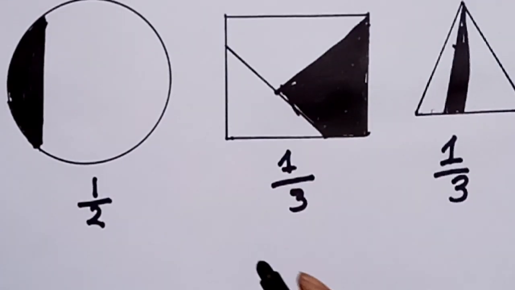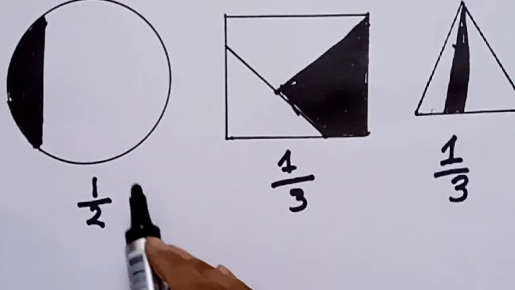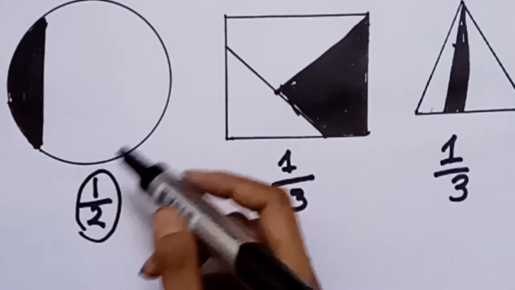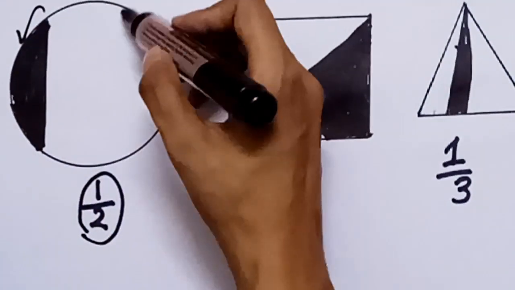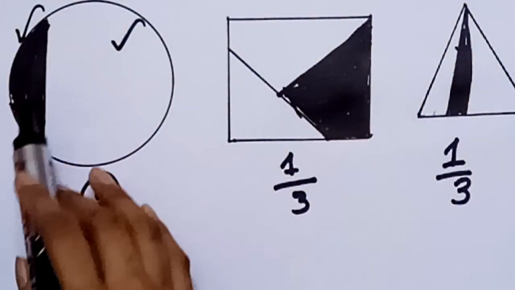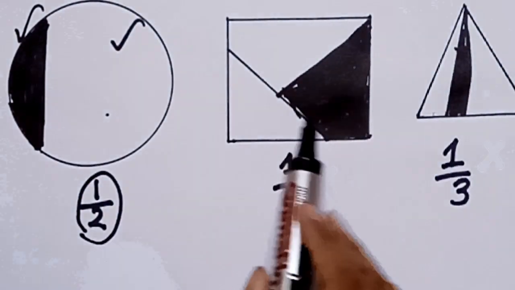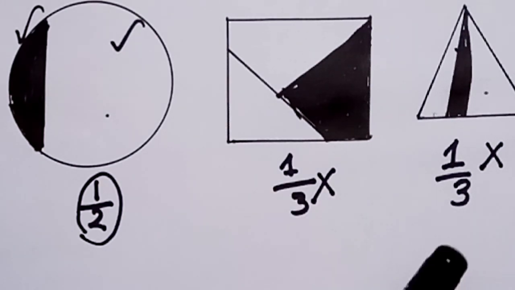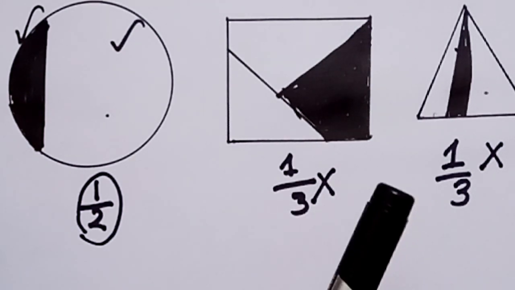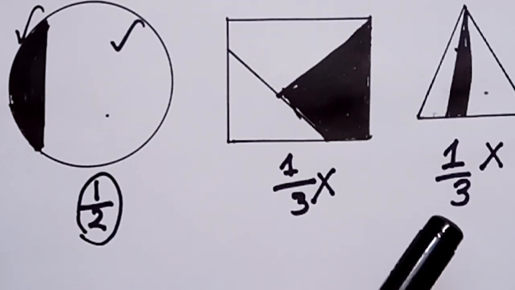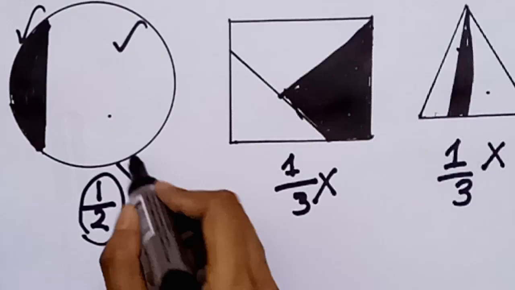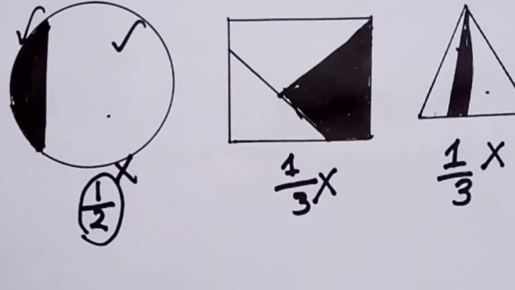We can't express it as 1 by half because this portion and this portion are not equally divided. When the parts of the whole are unevenly divided or not equally divided, they don't form a fraction. So these 3 are not fractions.